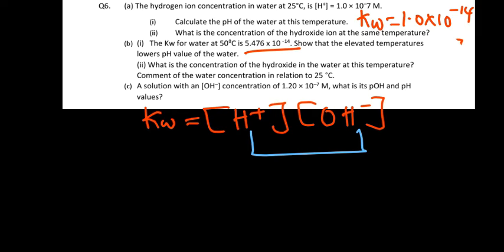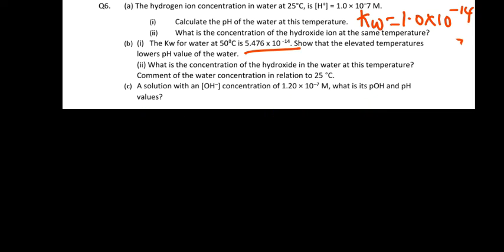A solution with a hydroxide concentration of that, what is the pOH, what is the pH? Simple and straightforward. Whenever you are given the value of the OH, you can find the pOH.